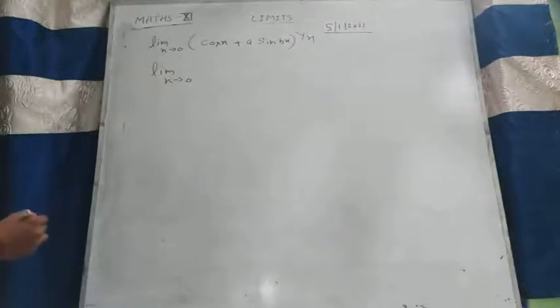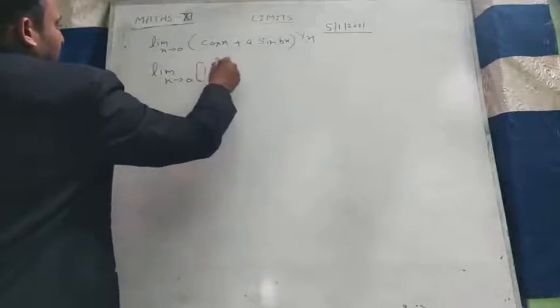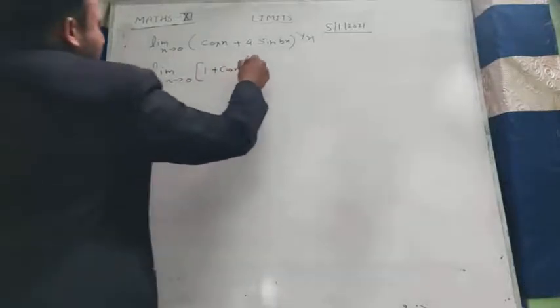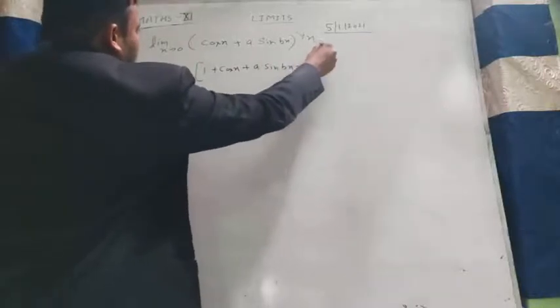This is our next question and we have to find the solution. So we write (1 plus cos x plus a sin bx minus 1) to the whole power 1 by x.